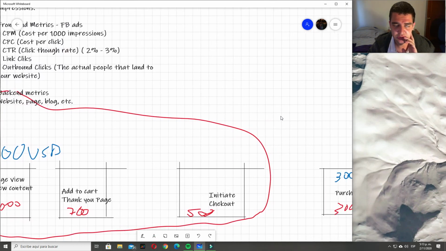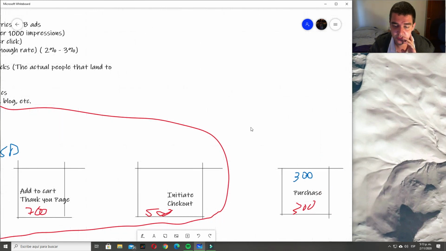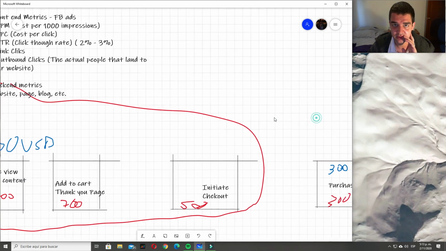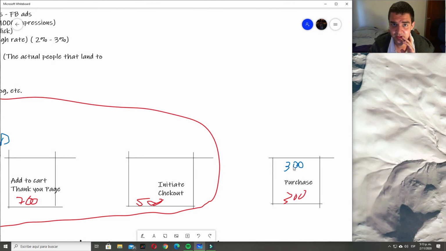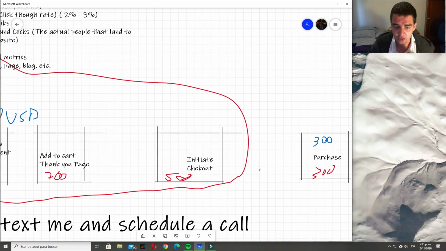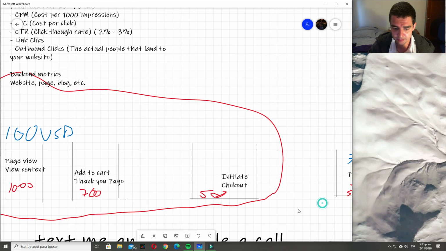So your actual cost per purchase is 100 divided by 300, about 30 cents per purchase. Of course, those are just invented numbers, not real numbers. But I need you to understand that you need to be clear how much you are paying per purchase, and that's the backend metrics.